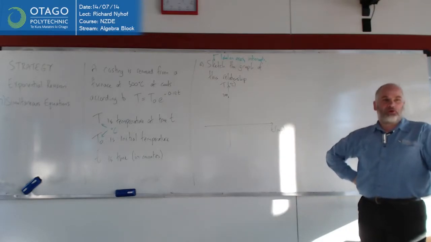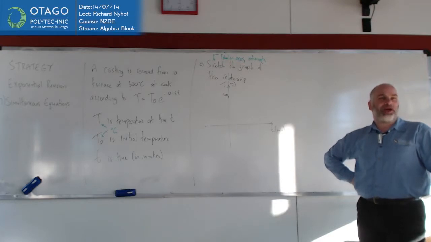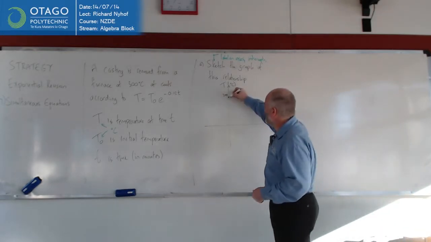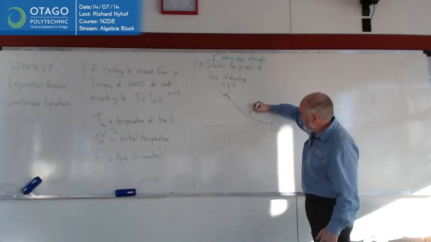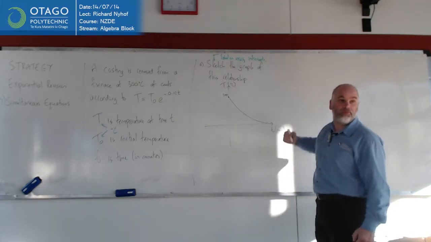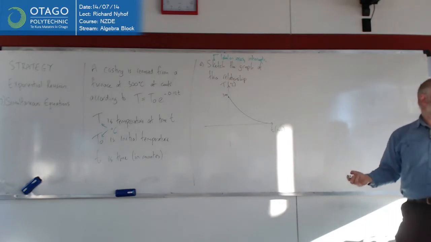Everybody draw it in the air. 1, 2, 3, go. Okay, so it's going to look like that. It's a curve. It's curving down and getting flatter and flatter. That's your 3 marks. Done.